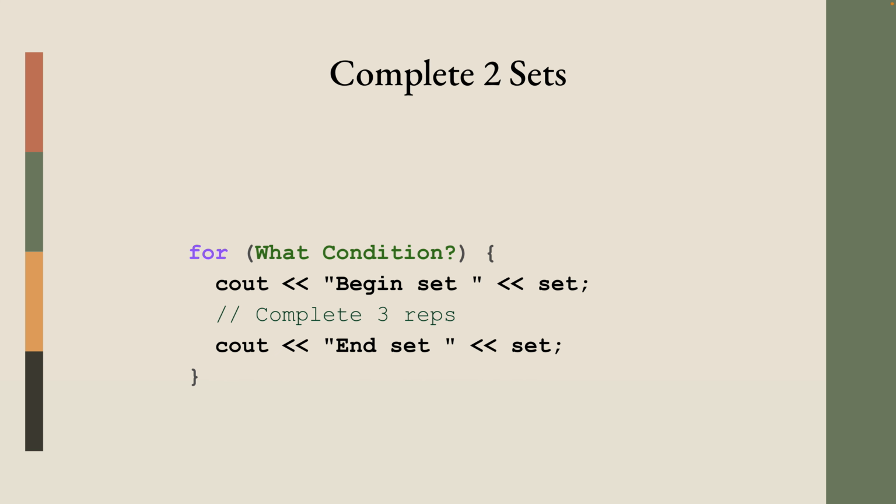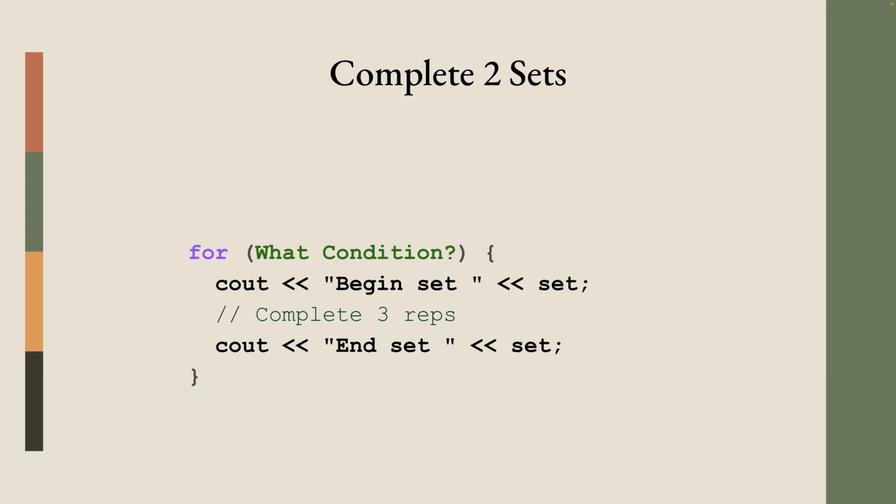Think about what we wanted to print out too. We wanted to start out saying begin set 1. You want to start at 1. But think about what we're using inside the for loop.